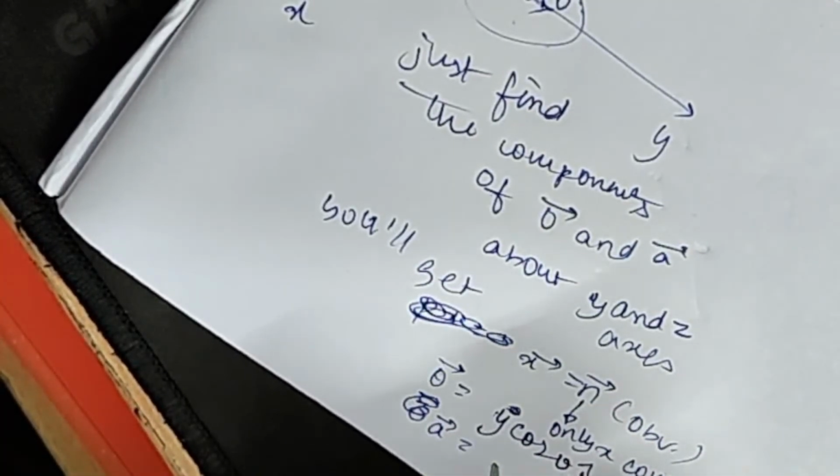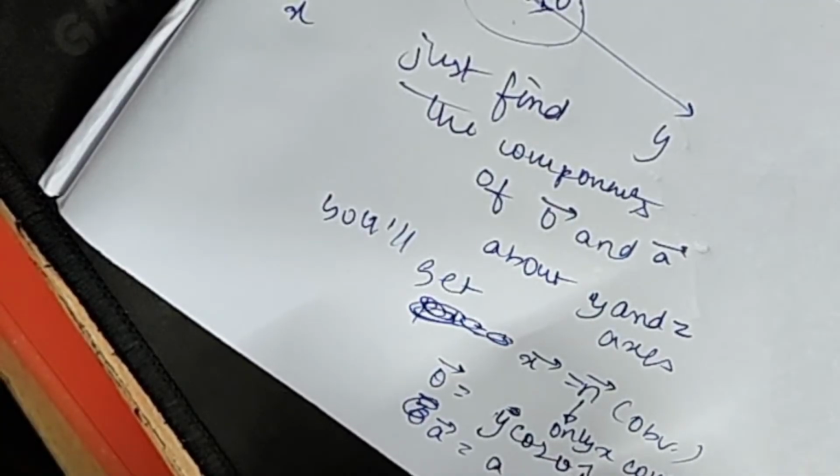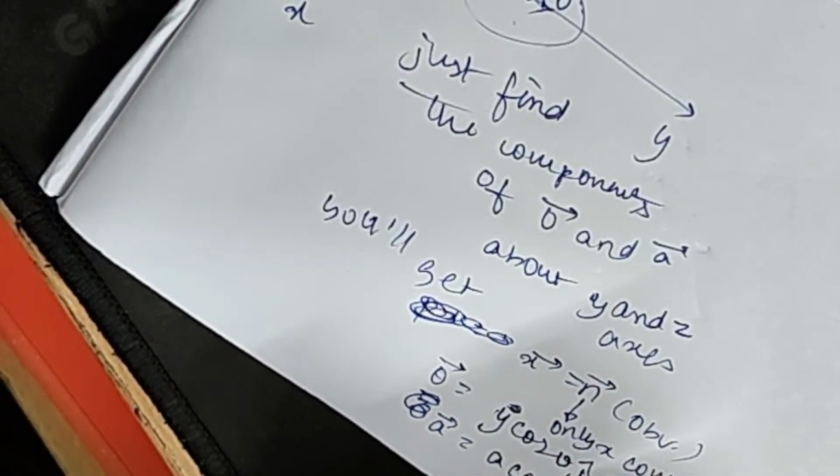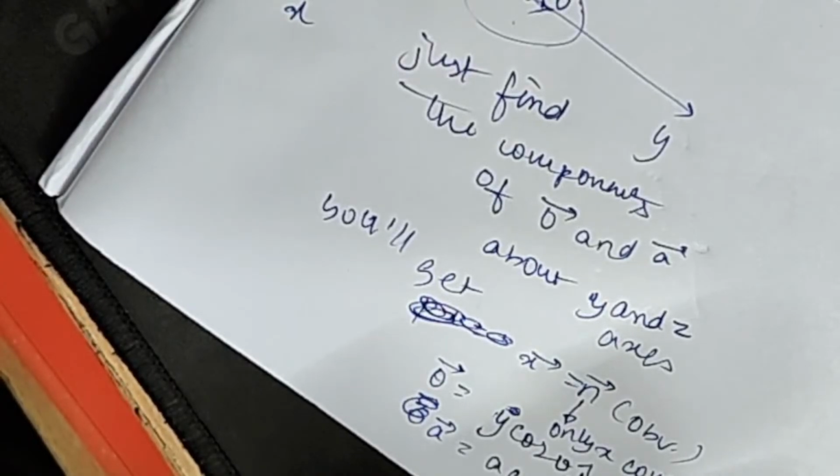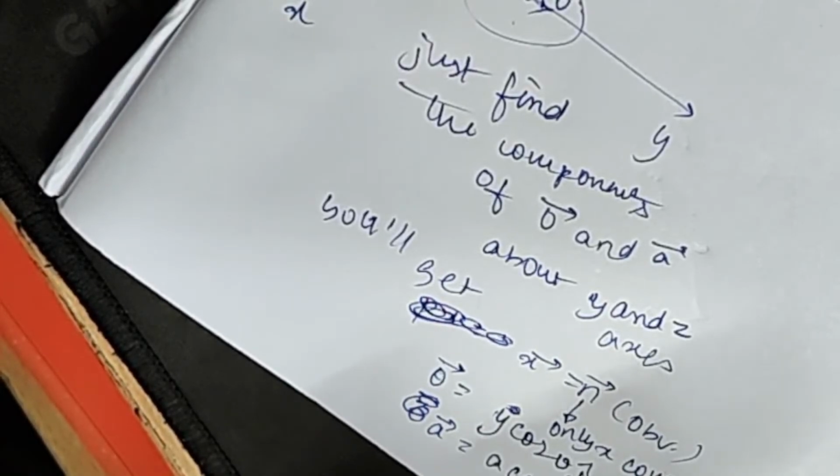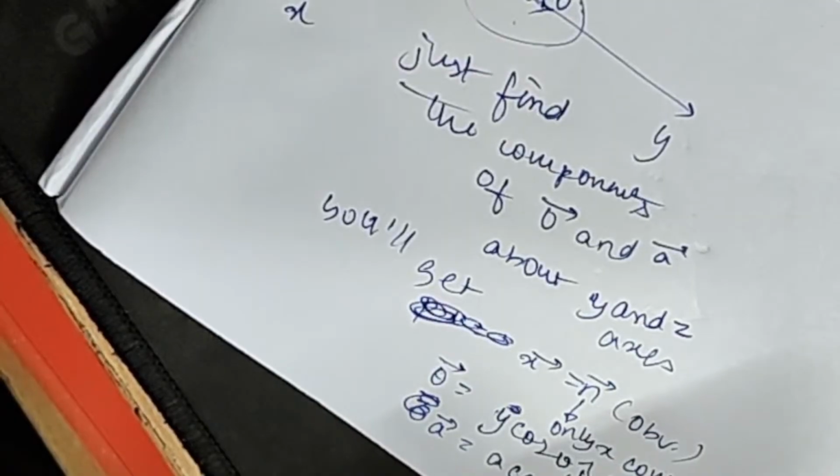Then the a vector can be a cos theta j cap plus a sin theta i cap.